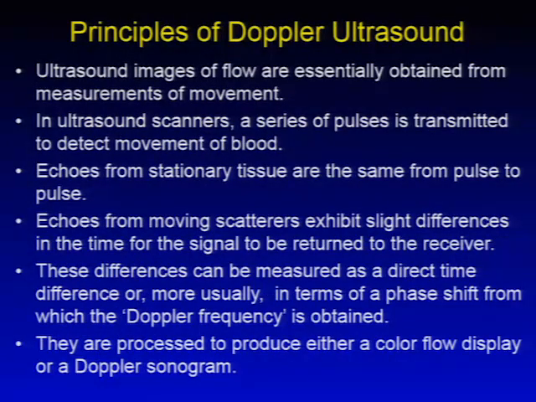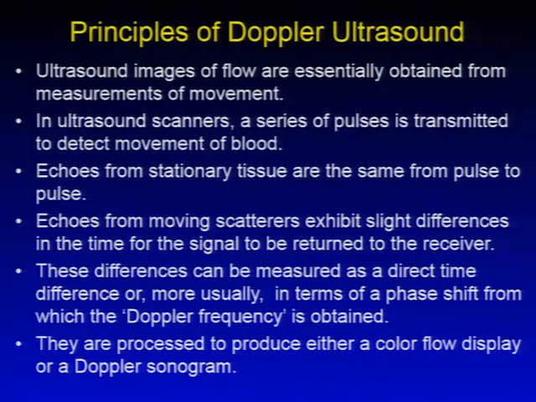So I'm going to discuss the principle of Doppler ultrasound. Ultrasound images of flow are essentially obtained from measurements of movement. In an ultrasound scanner, a series of pulses is transmitted to detect the movement of blood or other structures. Echoes from stationary tissue are returned at the same time from pulse to pulse.